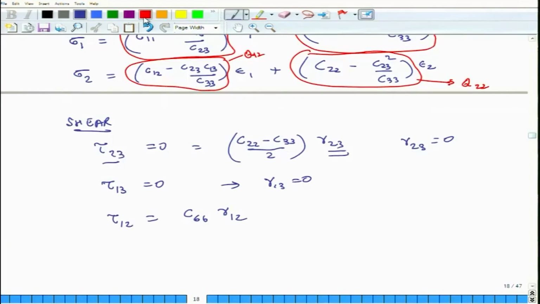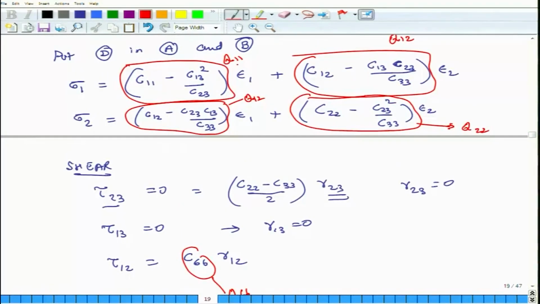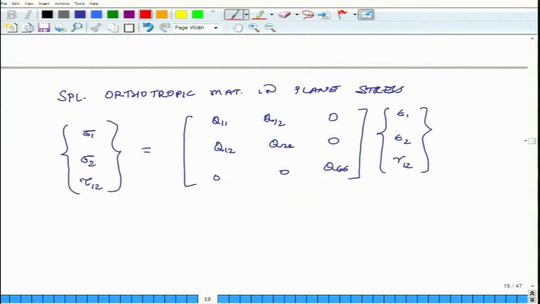I forgot, this term C66 we call Q66. So, we have 3 elastic constants Q11, Q22, Q12 and the 4th elastic constant is Q66. So, these are the relations for specially orthotropic materials.